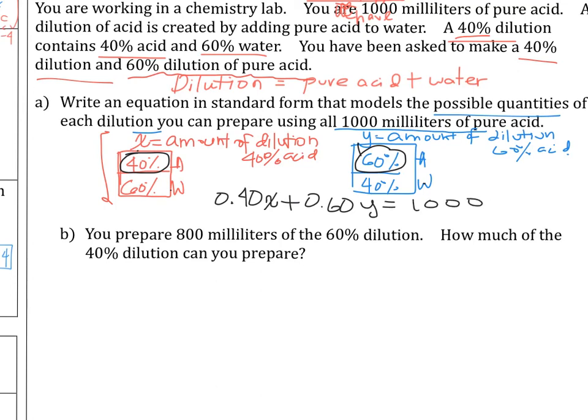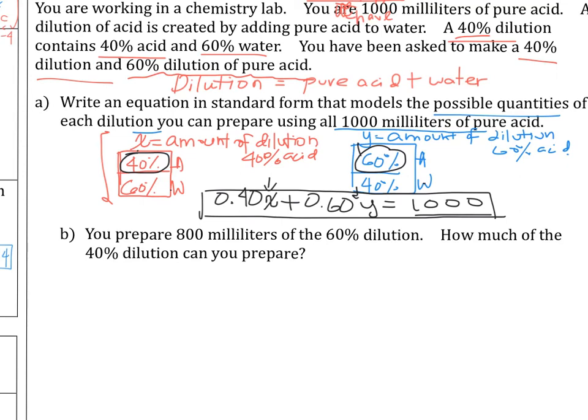And this equation models all the possible quantities of each dilution you can prepare when you're given 1,000 milliliters of pure acid.